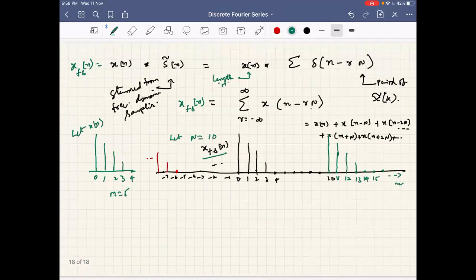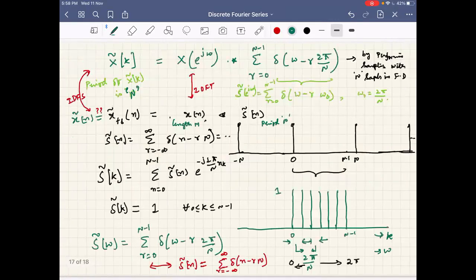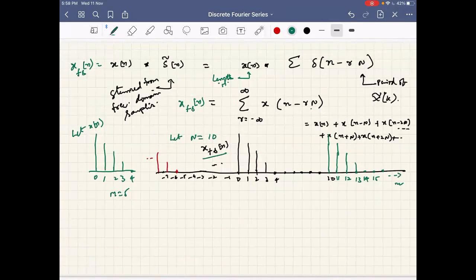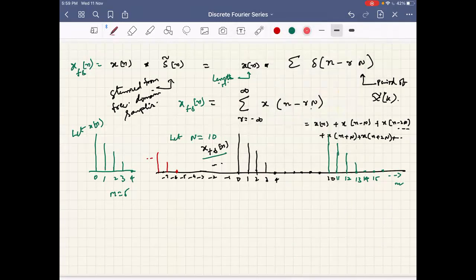So now let us assume that the starting point is X of e power j omega. So let us write the pipeline here: x of n to X of e power j omega.